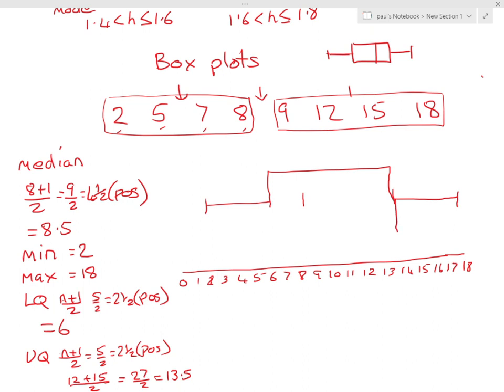And so what you can do also is just do minimum, lower quartile, median, upper quartile, and maximum. That's it. So we touched on that. We'll come back to that later in another lesson. So not to worry. And I'll see you in the next one.